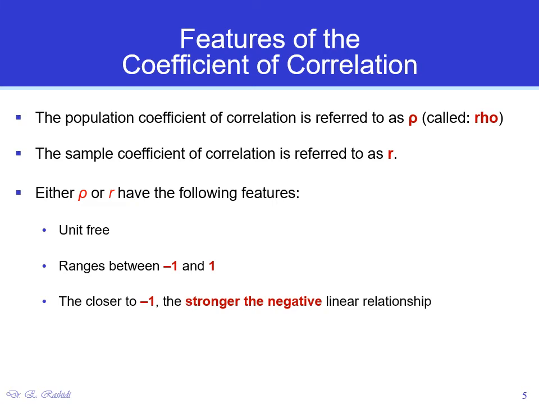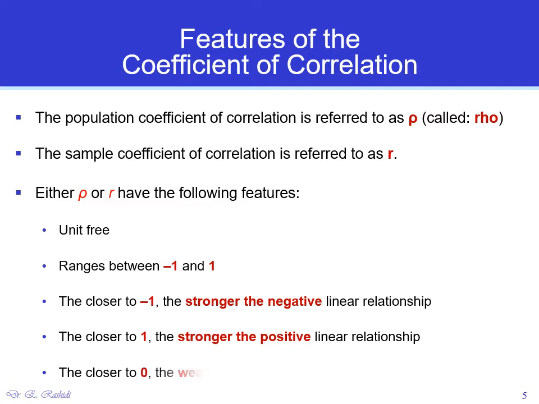The closer to -1, the stronger the negative linear relationship between two variables. The closer to +1, the stronger the positive linear relationship between two variables. And if the coefficient of correlation is closer to 0, that means the weaker the linear relationship between two random variables.